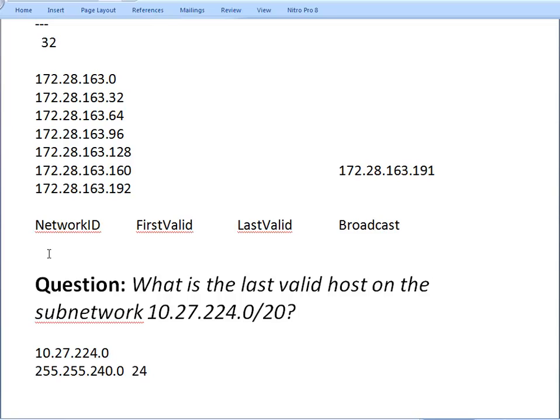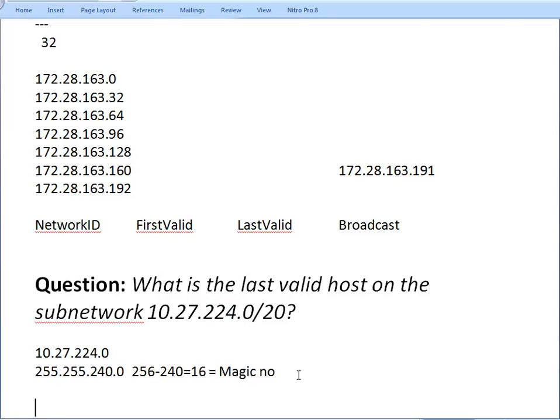If we do 256 minus our interesting octet of 240, it's going to be 16. 16 is our magic number. So our network is going to increment in 16s. If I go 16, then 32, then 48, then 64, and so on.